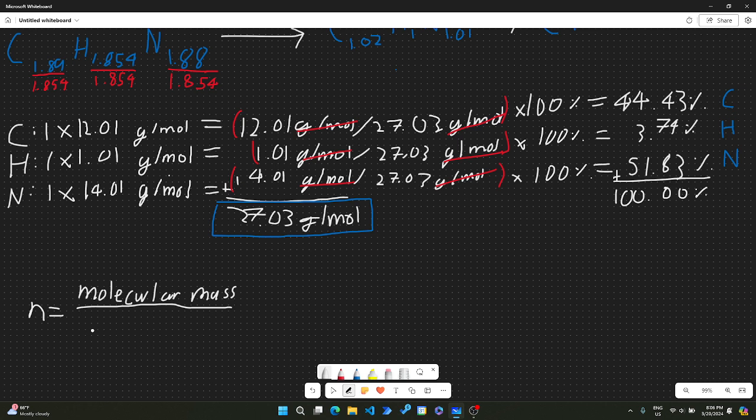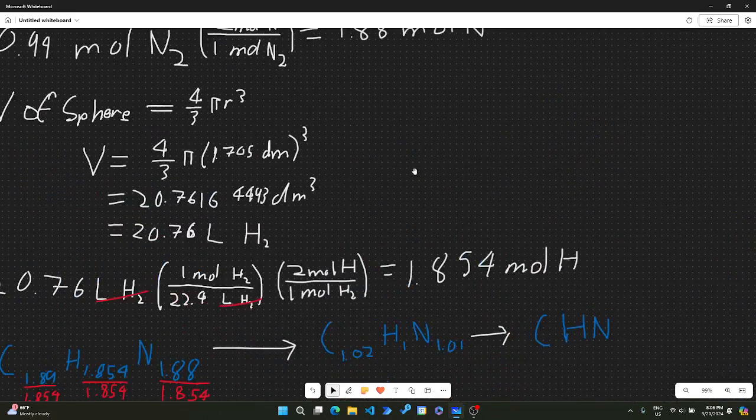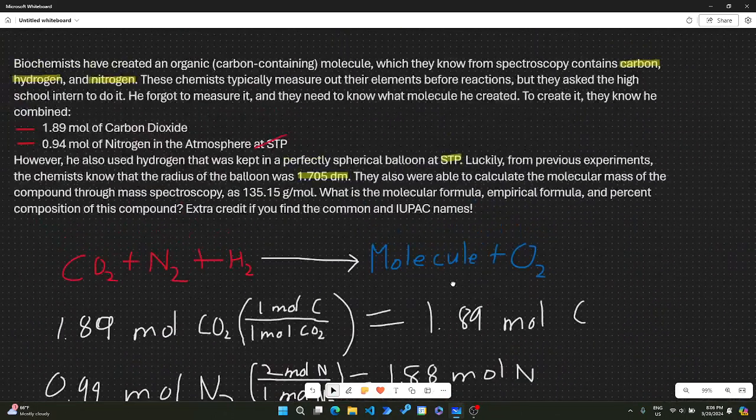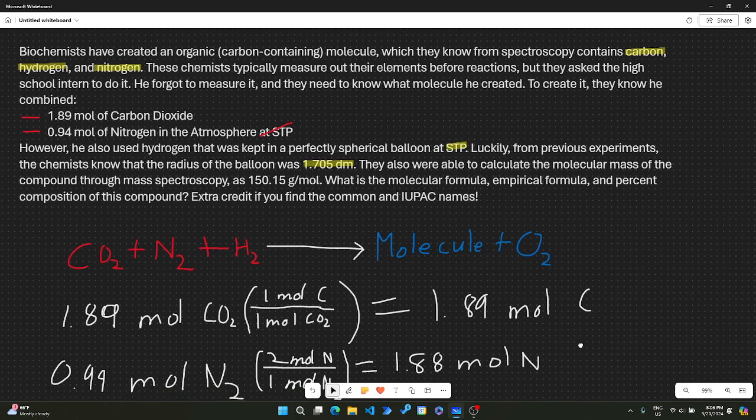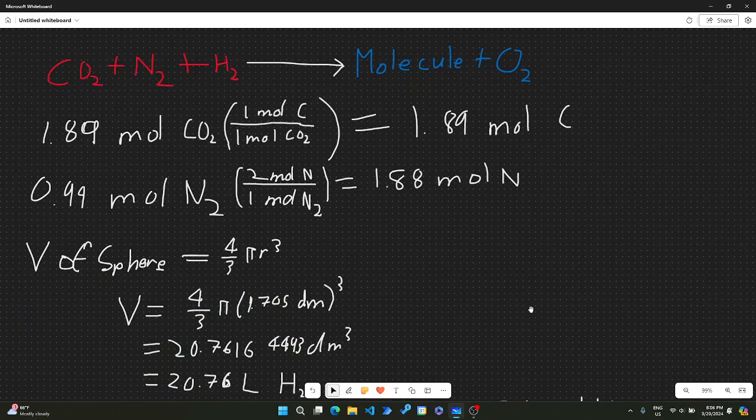If your empirical mass is bigger than your molecular mass, you've messed up somewhere and you need to go back. So for this, again, we can just plug in values. So from the start, we know that the mass is, this is actually an error. This is supposed to be 150.15 grams per mole.